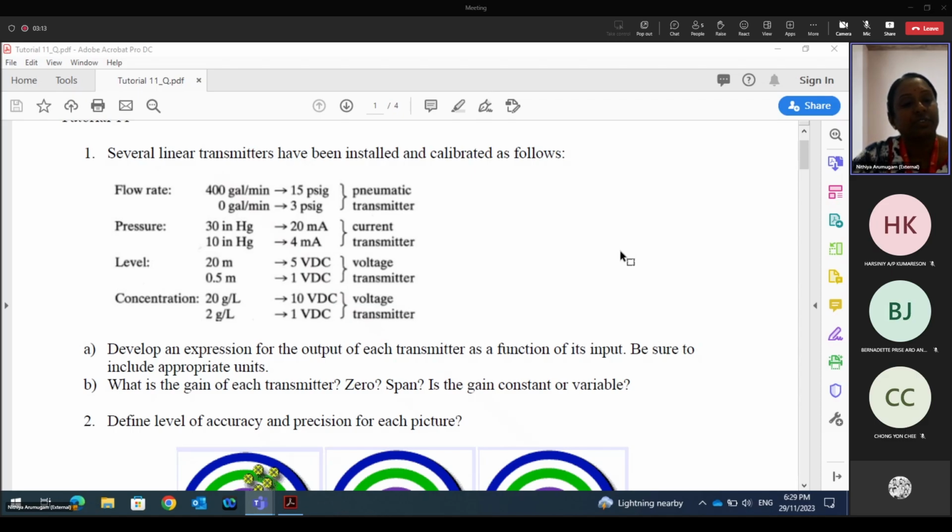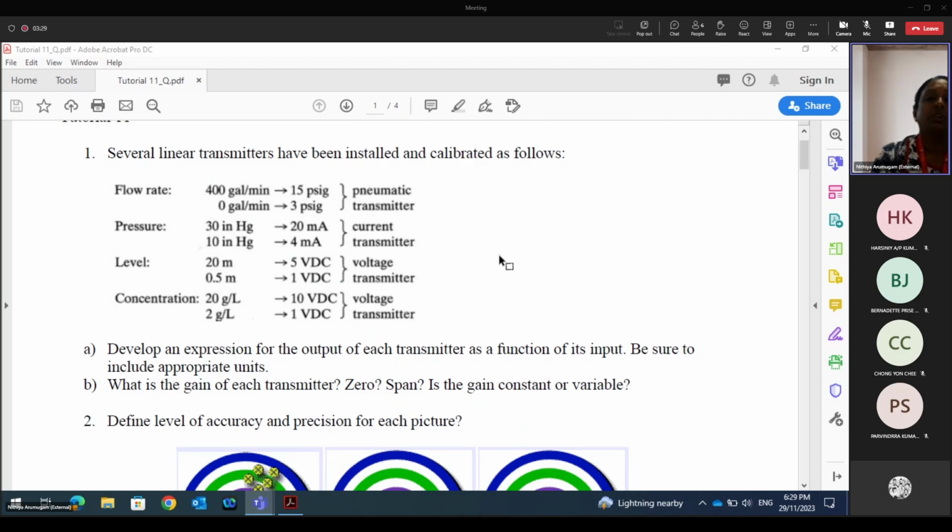I mean, the output will be in voltage, and for the concentration, the output will be in voltage as well. So as we all know, a transmitter converts a certain measured variable to one standard signal that is a function of the measured variable, right? Transmitter also converts the sensor output to a signal at a certain input to a controller.